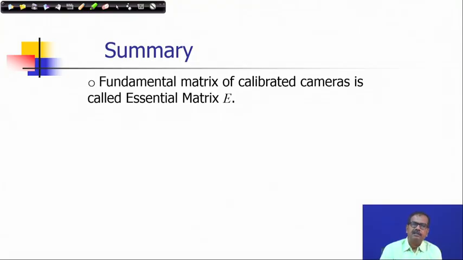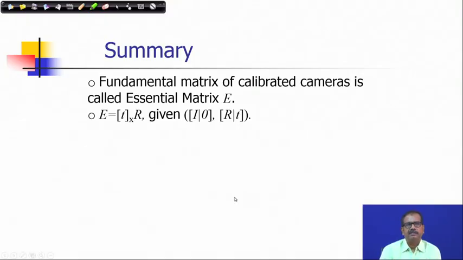Then let us also summarize the facts regarding the essential matrix, which is the fundamental matrix of a calibrated camera, and this is given in this structure. If I consider a stereo system where the projection matrices are given in this form, the reference camera is a canonical matrix [I 0], and the second camera is related by a rotation of axes and translation of origin.